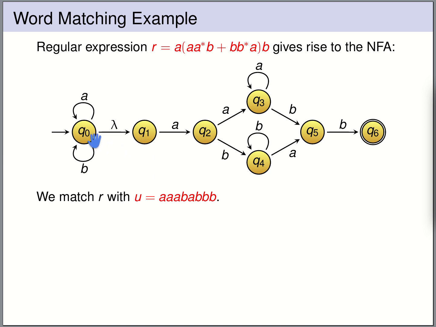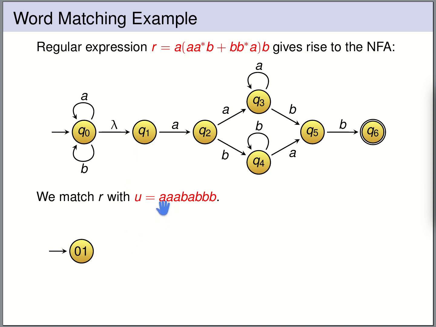So in this case, Q0 and Q1 together form the starting state of our deterministic automaton. And I'm writing the sets of states here without set brackets and without commas in order to save some space. So think of 0, 1 as the set containing the state Q0 and the state Q1.